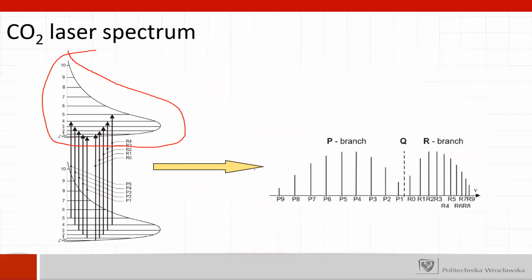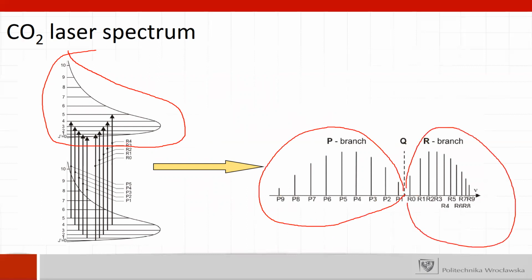So that's why the spectrum consists of multiple lines. And in the case of the CO2 laser, we distinguish two branches, the so-called P branch and R branch. Right, so we have two branches because they correspond to different transitions.